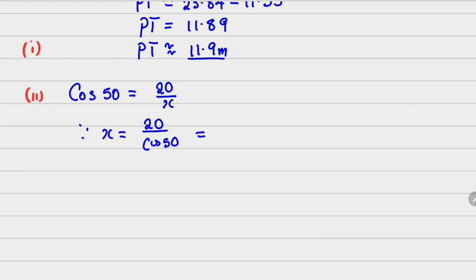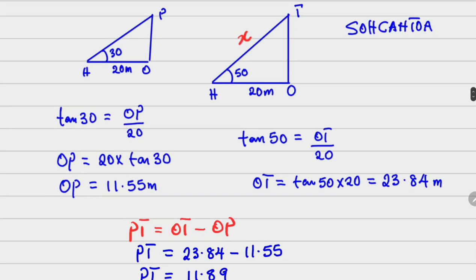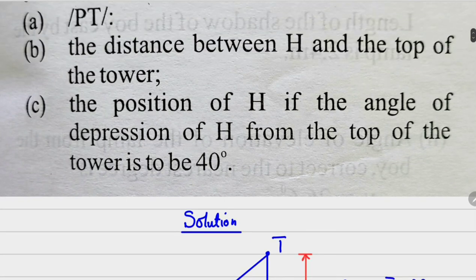And 20 divided by cos 50 will be 31.1144. Okay, so approximately to three significant figures, the answer is 31.1 meters. So I'm done with that too. I think I'm done with Roman figure 2. Okay, that is the B part.